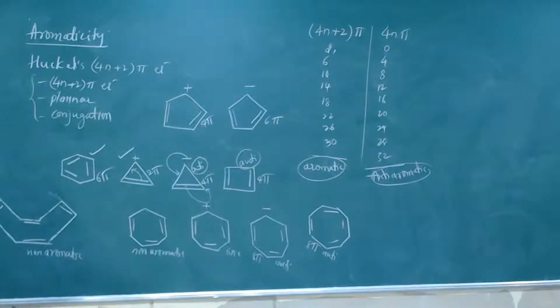Number 1, preparation of benzene from acetylene, that is cyclic polymerization of acetylene. Next, from benzoic acid or sodium salt of benzoic acid. Next, from phenol, reduction of phenol in the presence of zinc dust.